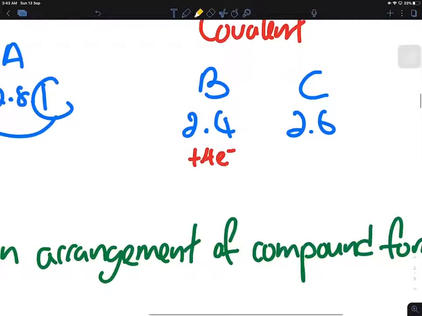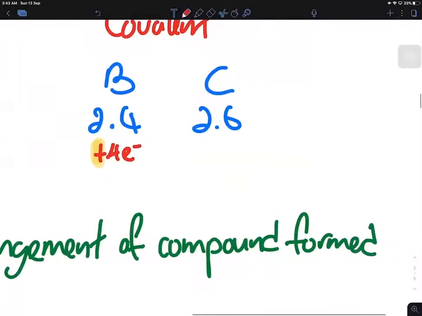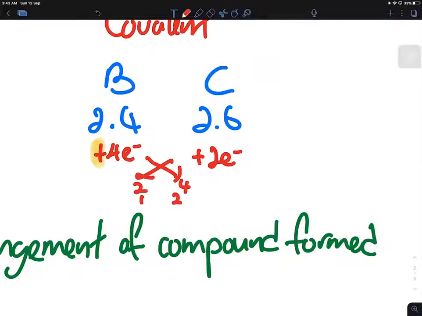So when you share the money, it actually adds up together to become a larger amount. So that's why I put a plus. 2.6 needs 2 more, plus 2. Same thing, cross the numbers, 2, 4. Simplify 1, 2. So it will be BC2.